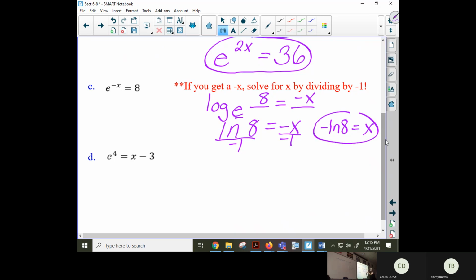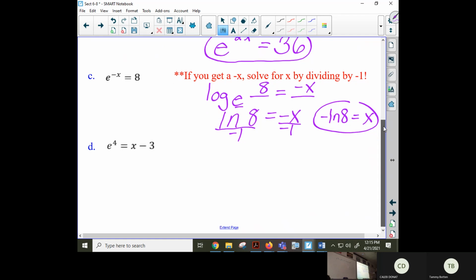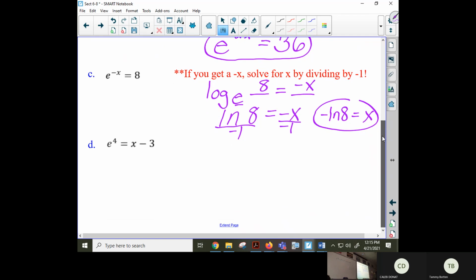If you gave me natural log of 8 equals negative x, I would not mark that wrong. But the book is going to change it to this. They're going to actually solve for that x, but they don't do it all the time. That's why I'm not going to make you guys do it, because then it's like, well, when do we do that and when do we not?